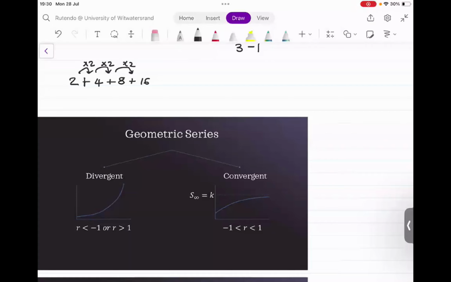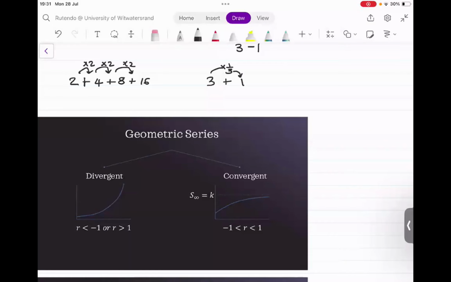There are some geometric series where the more you multiply, your number is getting smaller. So let's say I start at 3 and I multiply by 1/3. If I multiply 3 by 1/3, what do I get? I get 1.